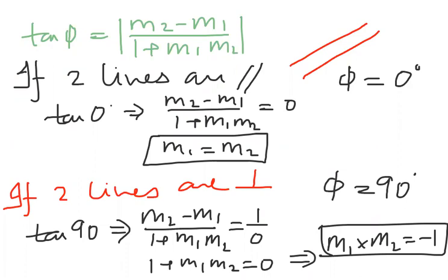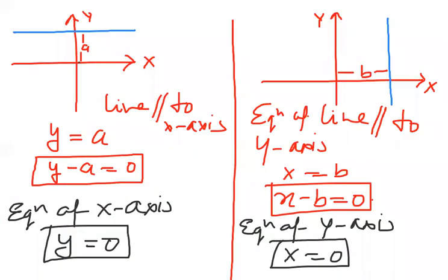Then some questions were there, and then again we have come to the formulas: equation of a line parallel to x-axis is y equals a, and equation of a line parallel to y-axis is x equals b. Here x and y, a and b, whatever we can put. And the equation of x-axis is y equals 0, and the equation of y-axis is x equals 0.